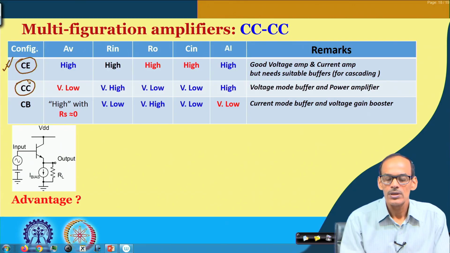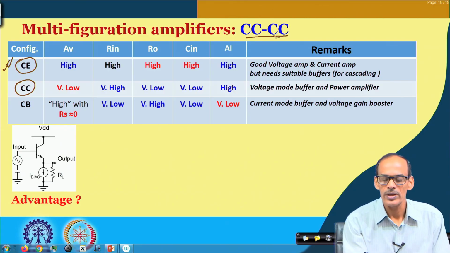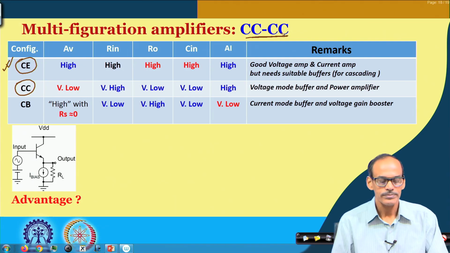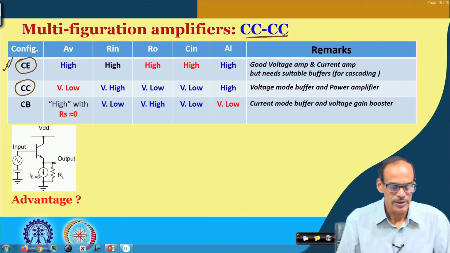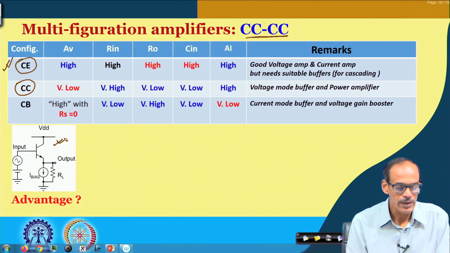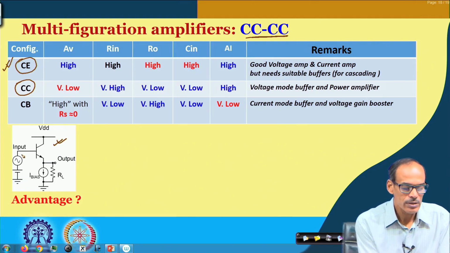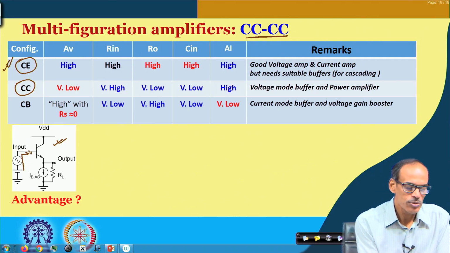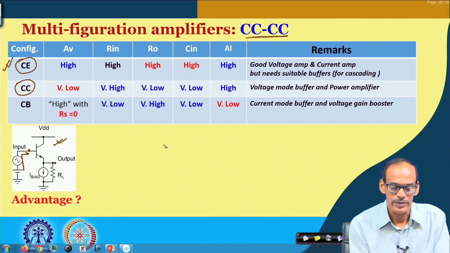To start with, let us consider CC and CC together, and then probably we will see CE and CC. We have the basic CC configuration, and its main requirement is that input is at the base and output is at the collector.